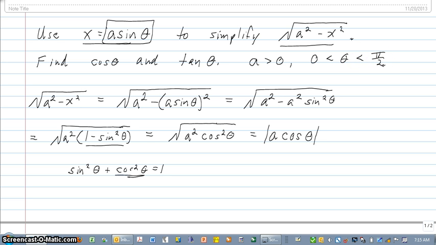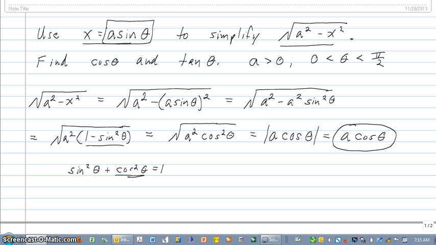So that would mean that a can't be negative, and if our angle is between 0 and pi over 2, then the cosine must also be positive, can't be negative. So there's our simplified version of the expression.